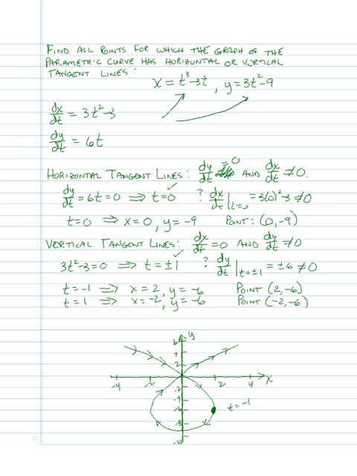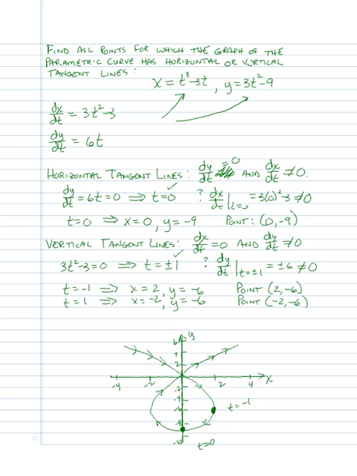Now, when t is 0, if we look above, that was a point of tangency for a horizontal tangent line. And that point is at (0, -9), which is in fact the point that we have right here. And yes, there would be a horizontal tangent line there.